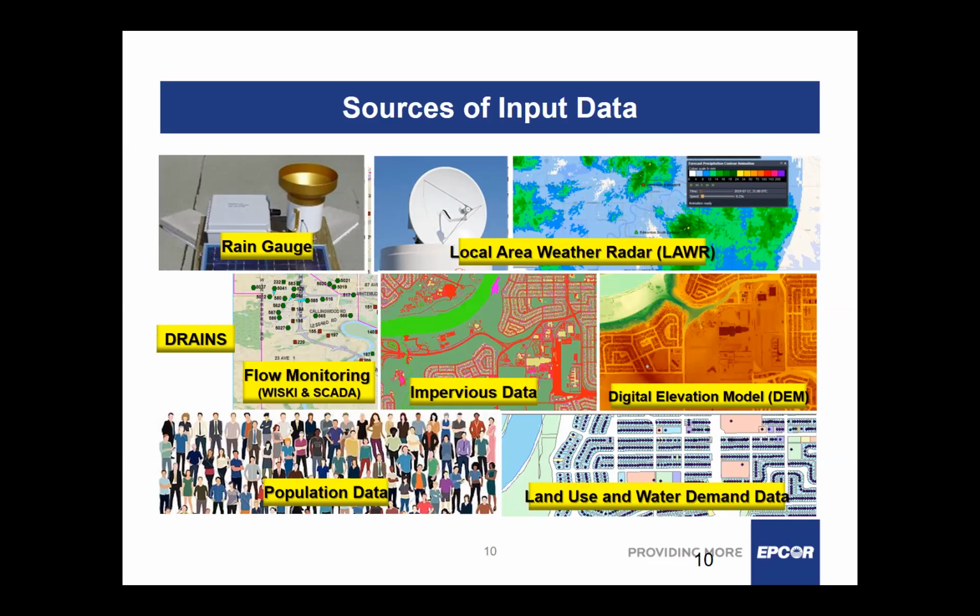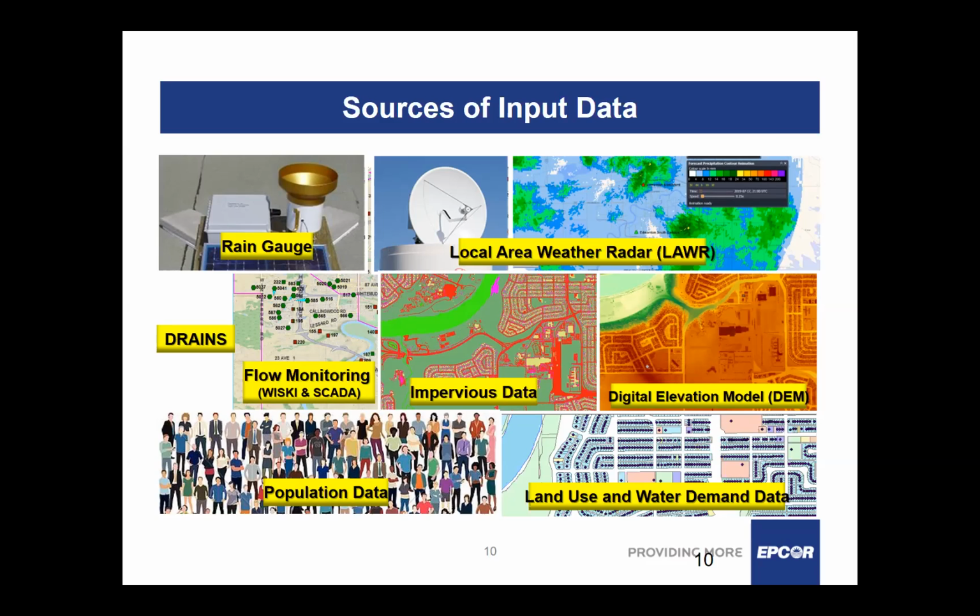We use that to complement our rain gauges in the modeling process, because even though 30 is quite a lot, there are still gaps in between them. If you've got a small storm cell, you can miss it in your modeling, and you might not be able to validate your model properly. So we use that together with the rain gauges, and also to calibrate the rain gauges from time to time.